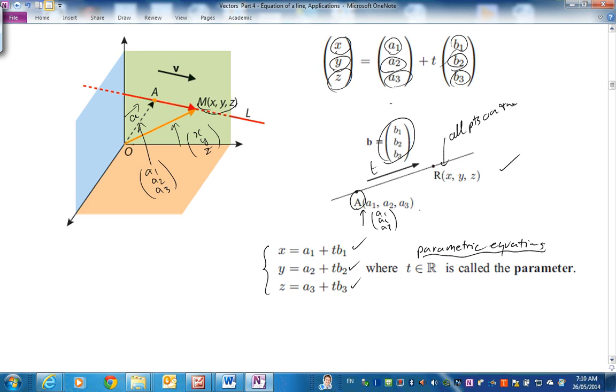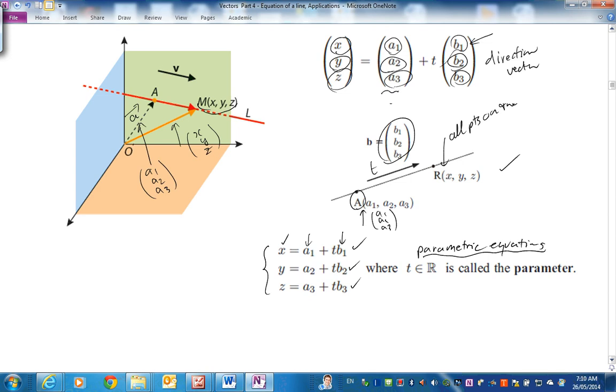What's that saying? Well, you can think of the x of your point on the line as the x value of the given point displaced t lots of b, which is the x displacement of your direction vector, isn't it? Going back to the idea of displacement of a point. So you can think of it like that.